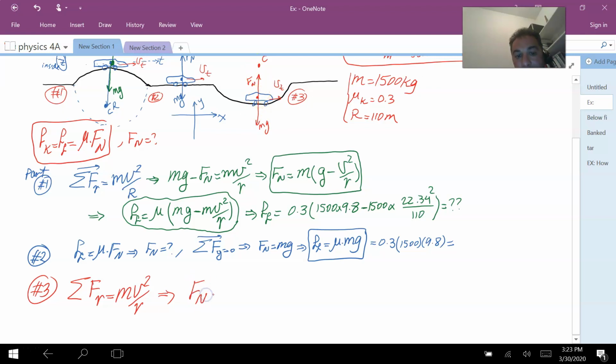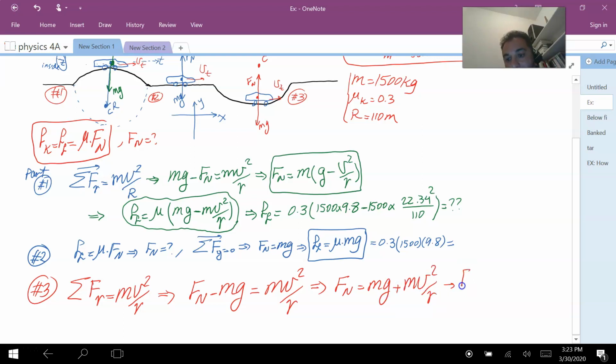So I'm going to have Fn minus mg equal mv squared over r. So guys, this is different from part 1. So Fn becomes mg plus mv squared over r. So this is apparent weight.